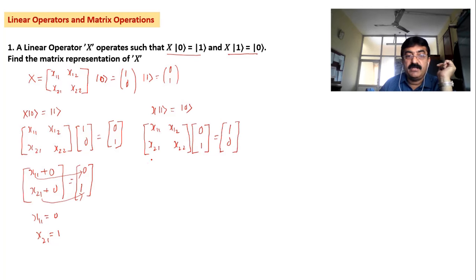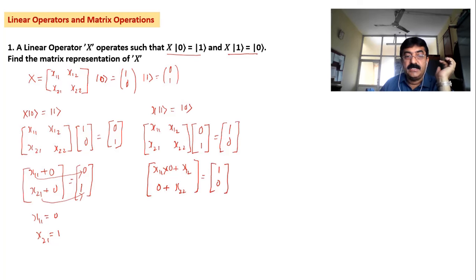If you want, you can pause the video and continue with this. Okay, so continue with the multiplication. x11 into 0 is 0, plus x12 into 1 is x12, first element is generated. x21 into 0 is 0, plus x22 into 1 is x22. So this is a matrix multiplication, that is equal to 1 0.